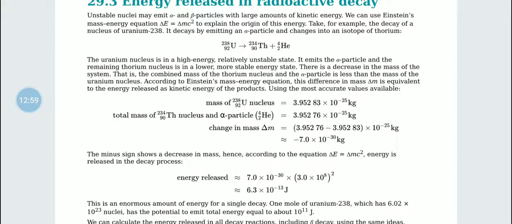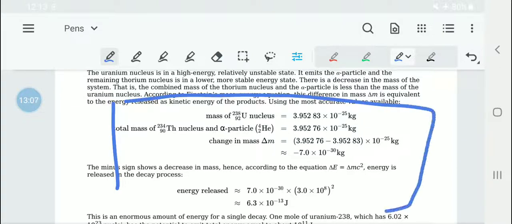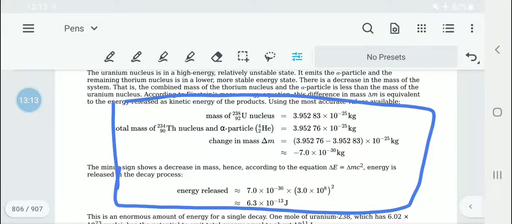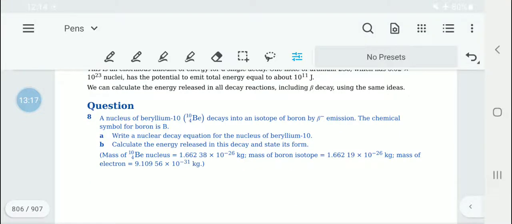Take your textbook and write down this calculation the way they have done it. That would be useful for you. This part, write it down. If you have any doubts, please ask. And once you have done it, you would be able to use the equations to figure out the amount of energies that have been released. Please do question number 8 as well.